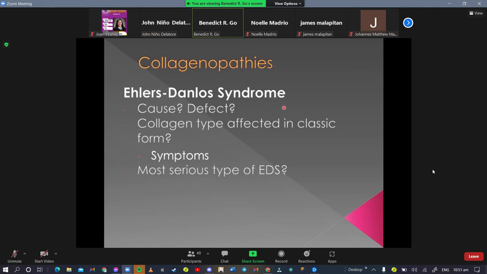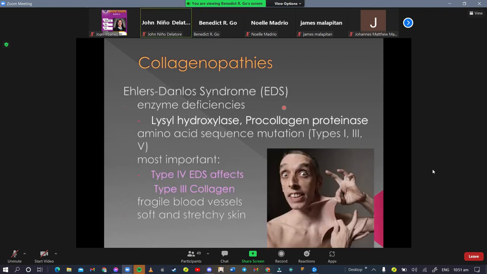Okay, so your EDS is caused by enzyme deficiencies. Specific enzymes are your lysyl hydroxylase and your procollagen proteinase. So the amino acid sequence mutations are found in types 1, 3, and 5. And the most important, just to take note, is that type 4 Ehlers-Danlos syndrome affects type 3 collagen.